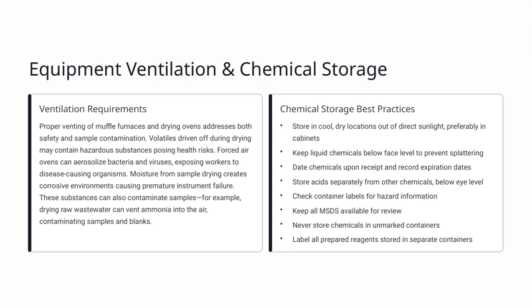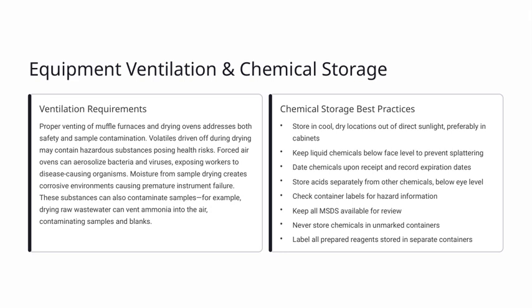Always store chemicals in cool, dry places out of direct sunlight, preferably in cabinets designed for that purpose. Keep liquid chemicals below eye level to avoid splashes or spills. Remember to date chemicals when you receive them and record expiration dates. This helps ensure you're working with safe, effective reagents. Store acids separately from other chemicals and below eye level for safety.